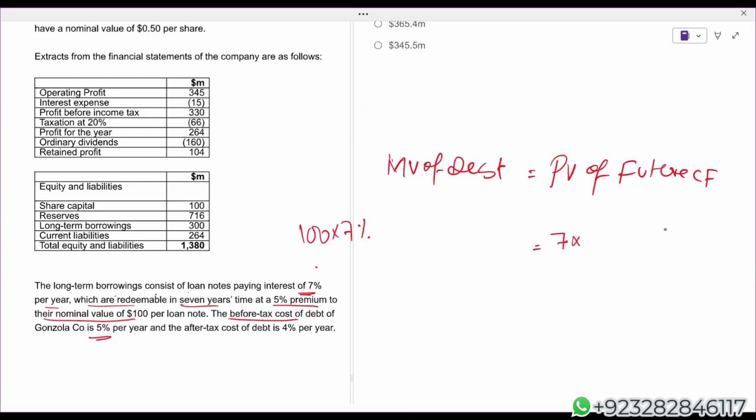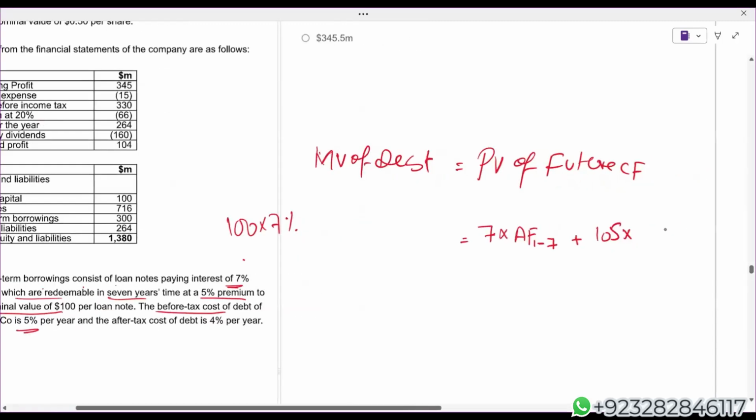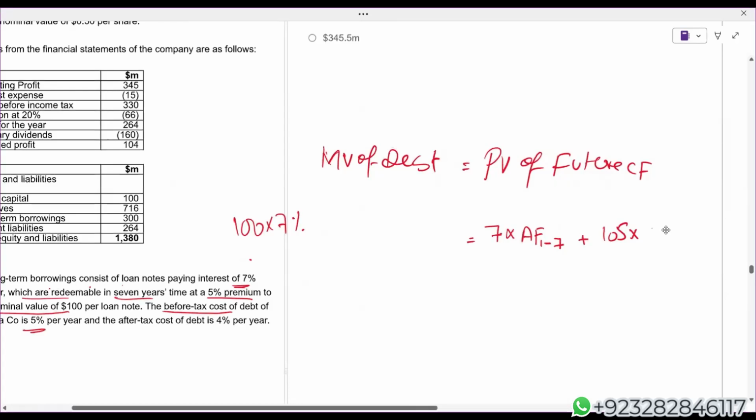And the maturity period is 7 years, so 7 multiplied by annuity factor from 1 to 7. Plus, in the last year, company will be paying 105 also. 100 is the principal plus 5 is the premium. We will multiply this with the discount factor of year 7.